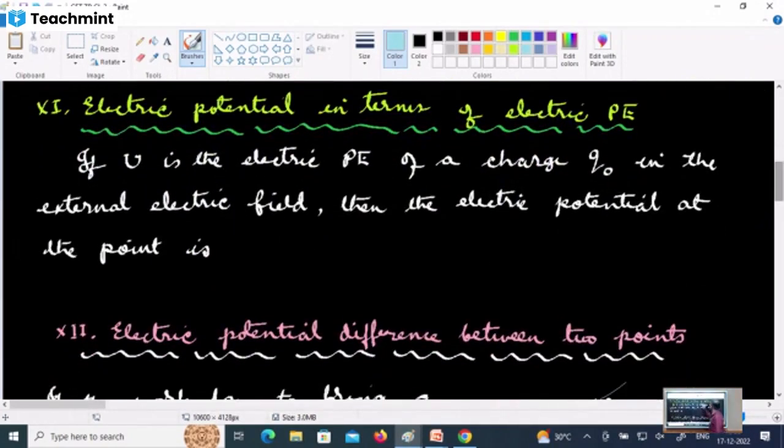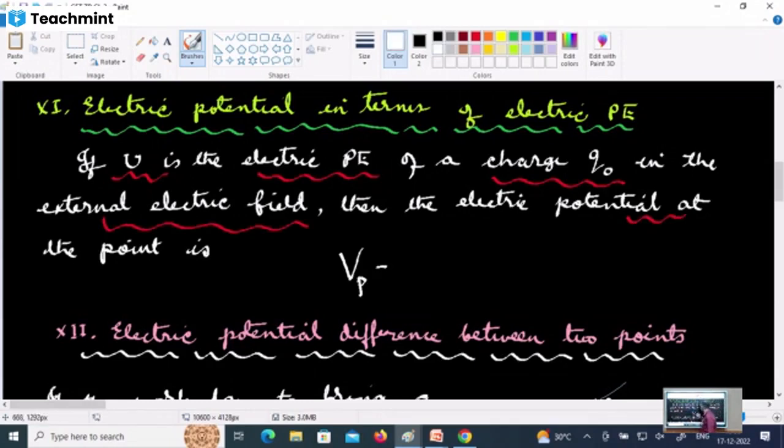Now, if U stands for the electric potential energy of a charge Q0 in the external electric field, then the electric potential at the point Vp ಅನ್ನು ಹೀಗೂ ಸಹ ಬರೀಬಹುದು.